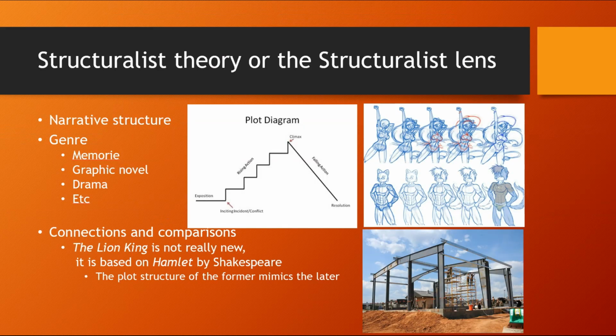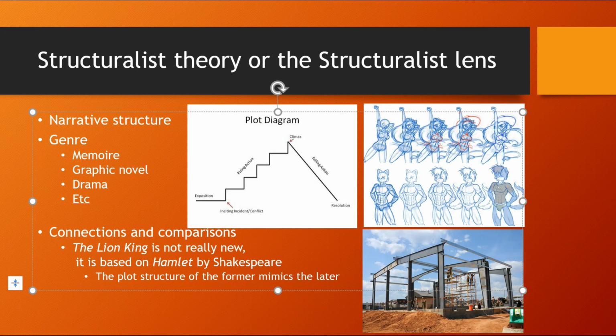So next we've got the structuralist theory, or the structuralist lens within literary criticism. Well, this one might look at the narrative structure. How is the story written? Maybe it's the certain genre. Is it a memoir? Is it a graphic novel? Is it a drama, etc.? So the genre is how the book is often built.